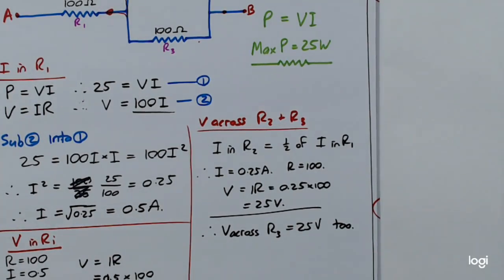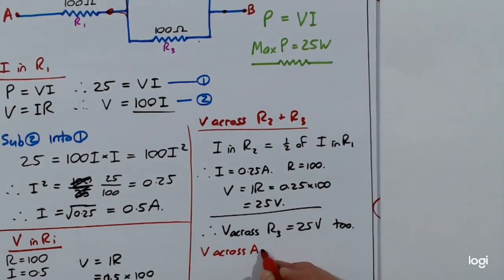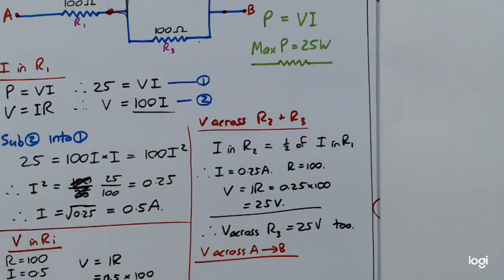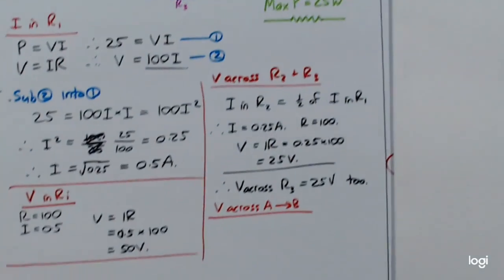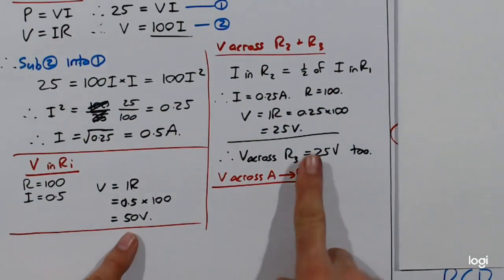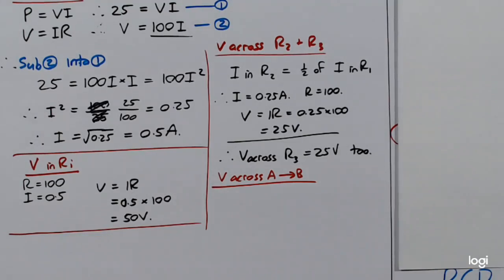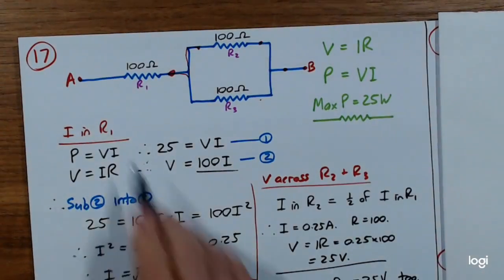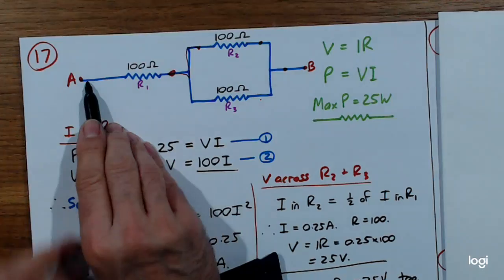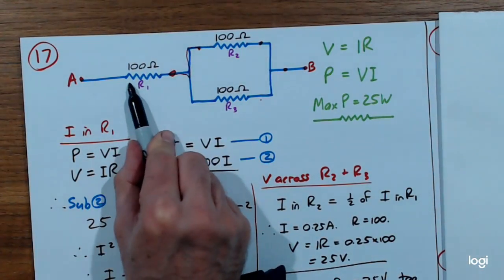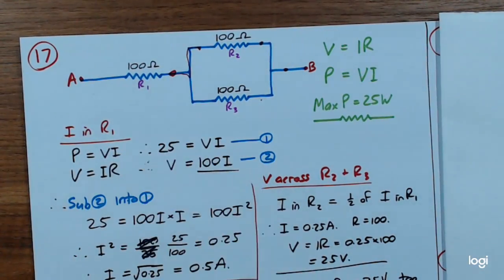Okay, finally we can answer the question. So the voltage across A to B, or just across AB, is the two answers added together. As electricity goes from there to there, it loses 50 volts of potential difference through there. We just found that out down here.